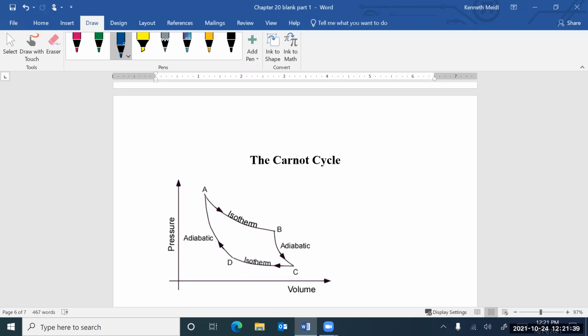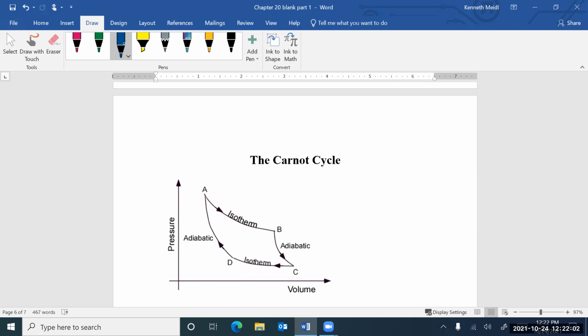And so what you've got is A to B is an isotherm, B to C is an adiabatic expansion, and C to D is an isothermal compression. The gas is getting driven into a smaller arena. And then D to A, you're compressing the gas because I can see the volume getting smaller. This is the Carnot cycle.